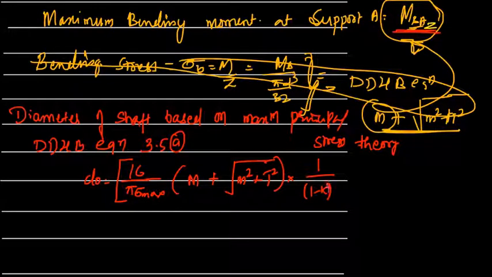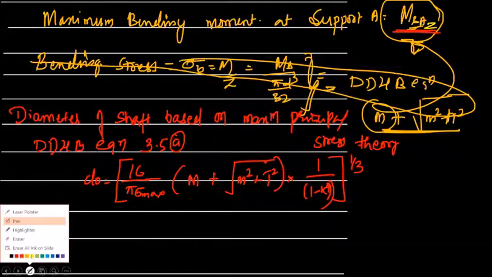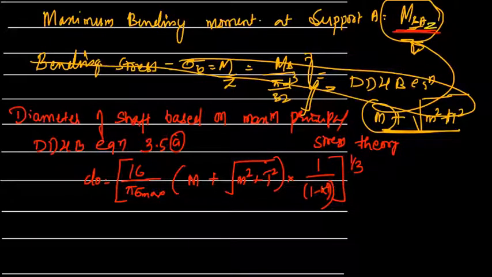Bracket to the power of 1 by 3. Right here it's k to the power of 4. Now, sigma max can be calculated as sigma yt divided by FOS.